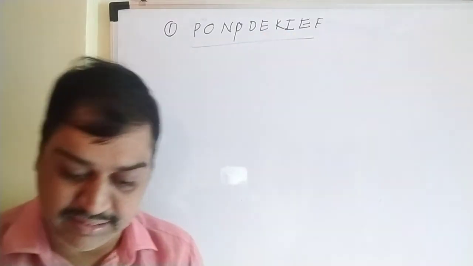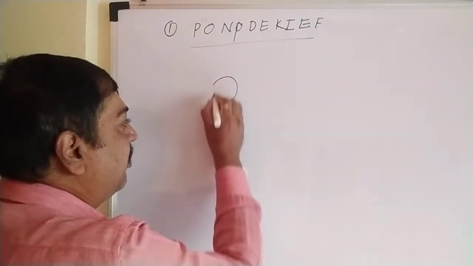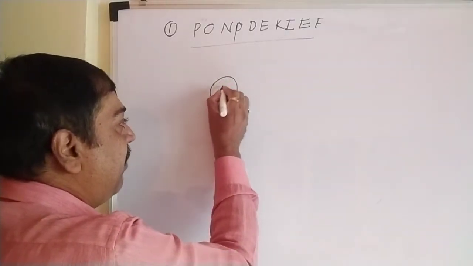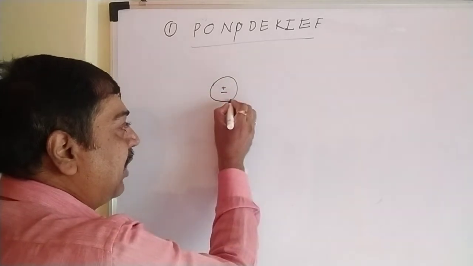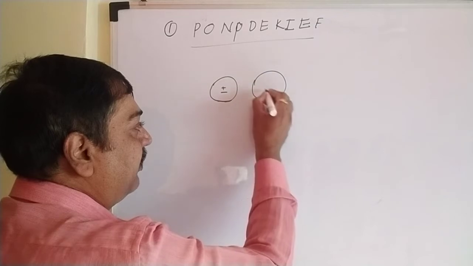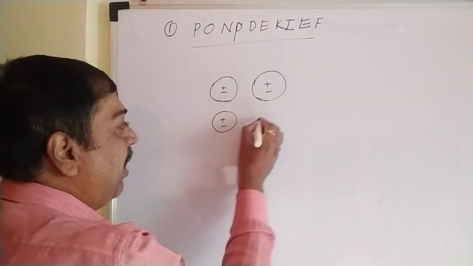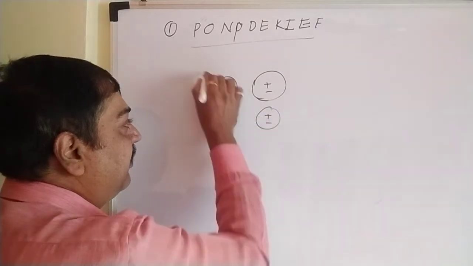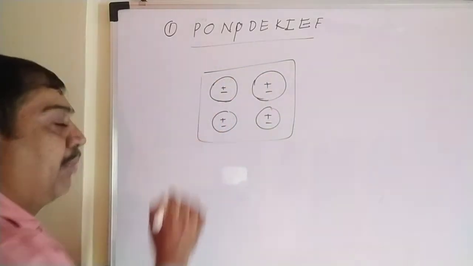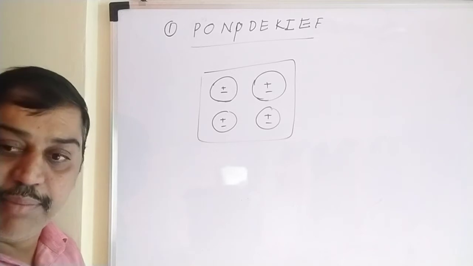Non-polar material we'll consider first. As we know, non-polar material consists of the center of gravity of positive and negative charges combined together at the same point. So we can draw them like this. The center of gravity of them is combined together at the same point, so these are a non-polar material.